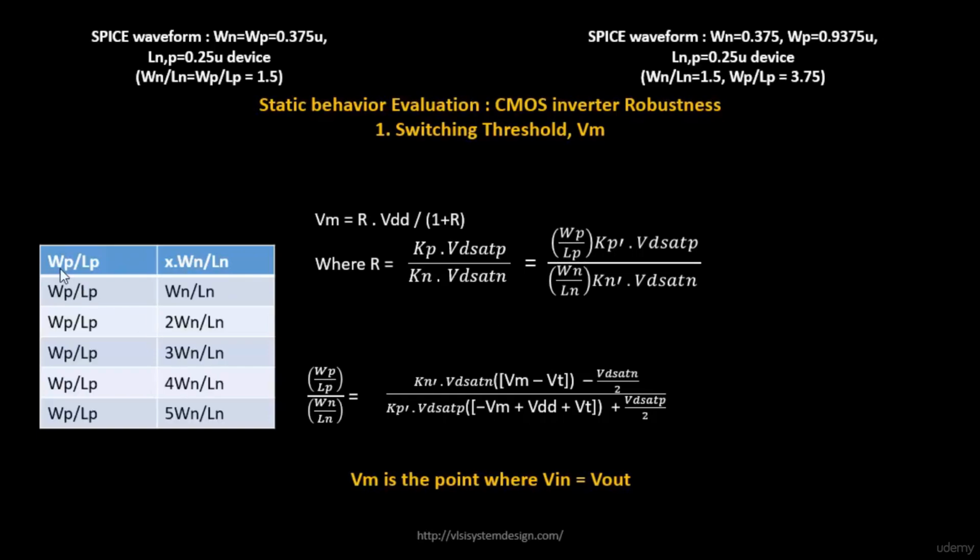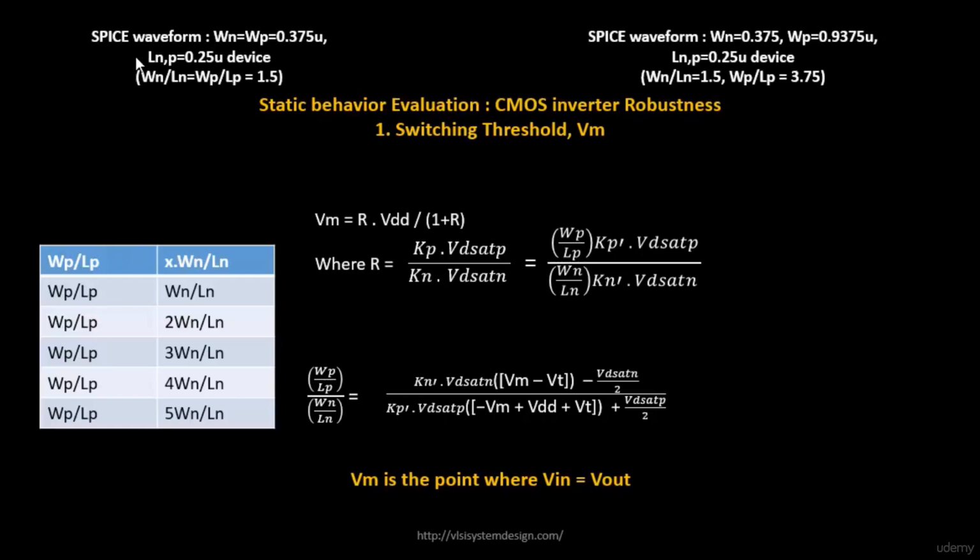You will have your w by l ratio of pmos, which we keep constant, and we will also keep the w by l ratio of nmos constant, and based on the value of the integer that you see over here, the w by l ratio of pmos will be increased. So in this case, your w by l ratio of nmos is equal to the w by l ratio of pmos.